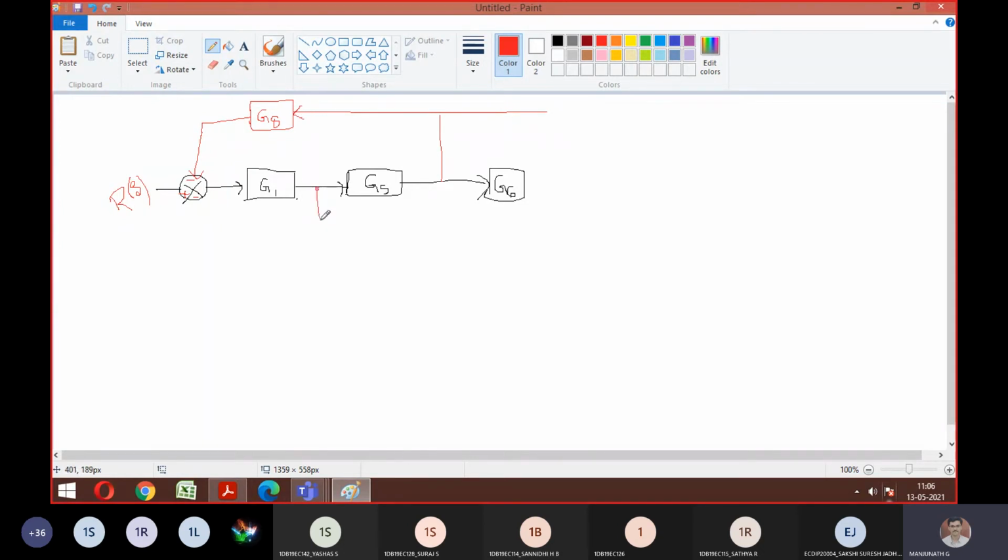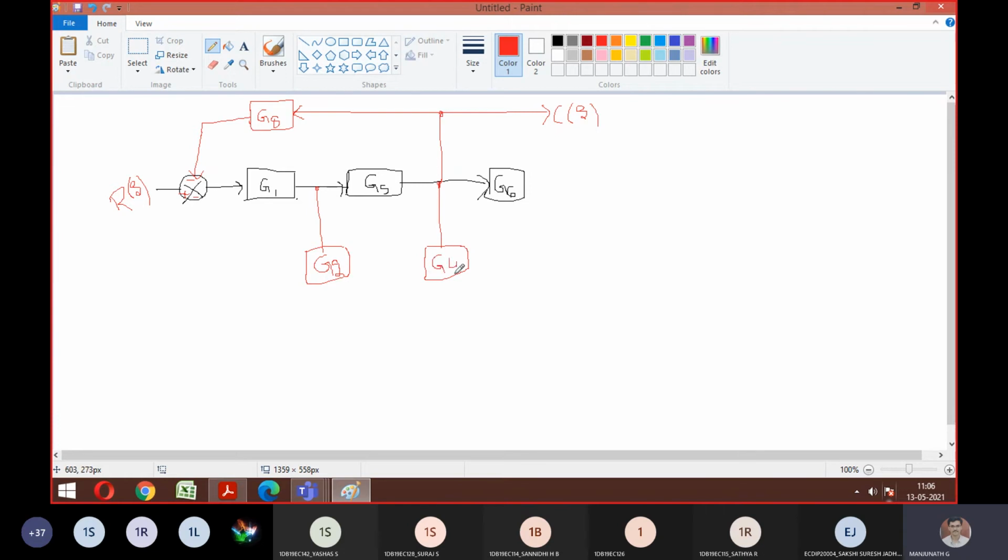So again here they are connected G2. This is a connection. This is a connection. So output is here. C of S output is mentioned here. Then they are connected one more G4.